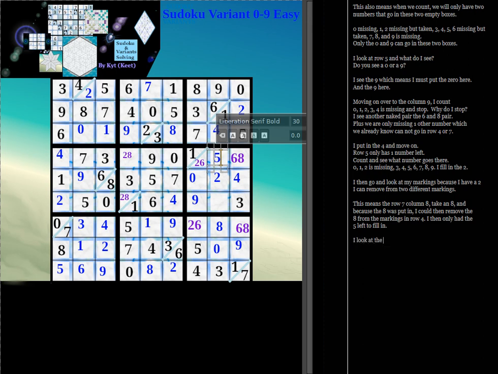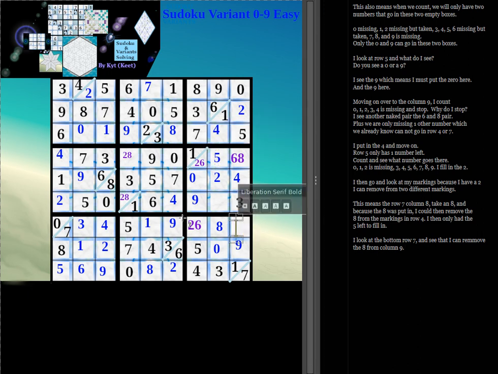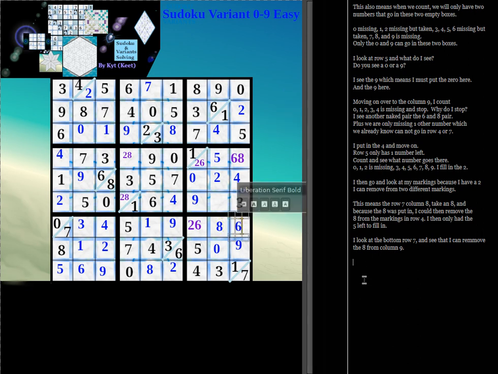Look at the bottom row 7 and see that I can remove the 8 from column 9. I put in the 6 and then remove the 6 from my marks.